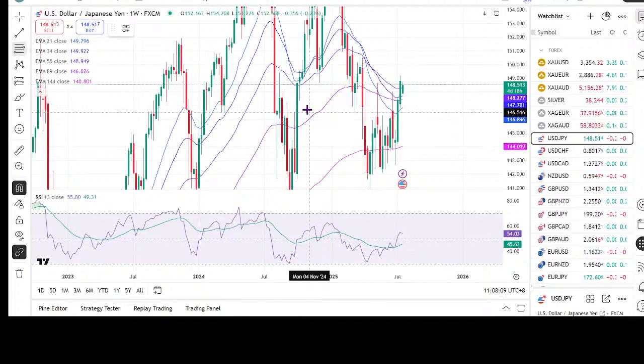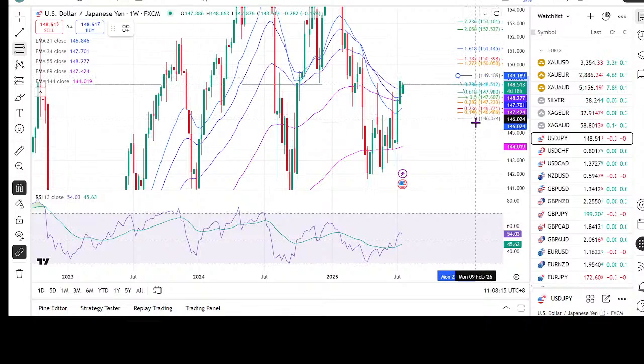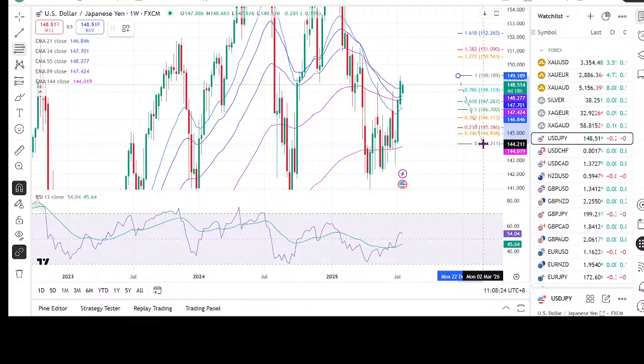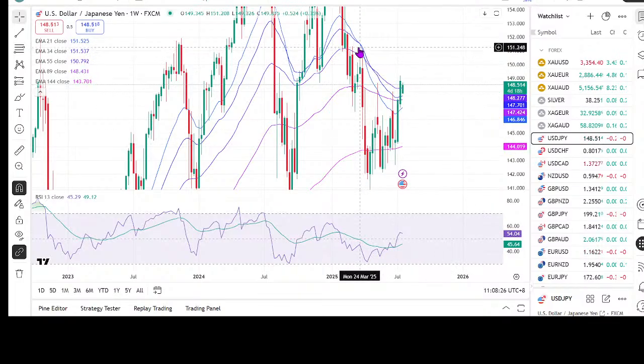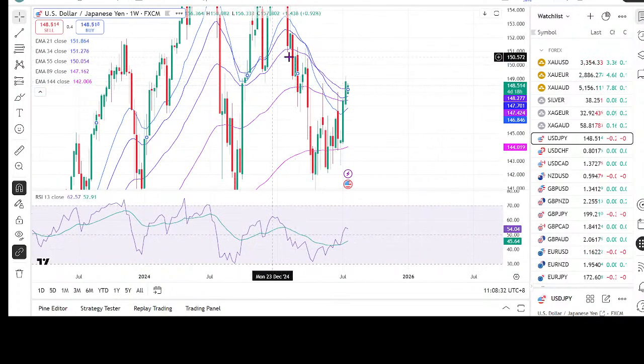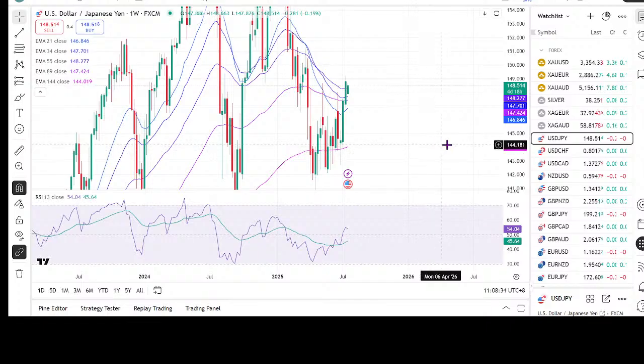So if it breaks, we should see the price extending towards 151.10, 150.50. Okay, here 151.20. So we will take that as a final target.